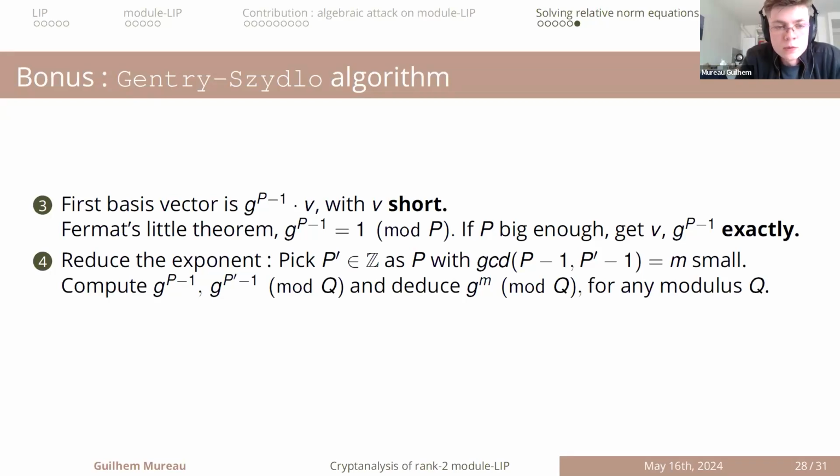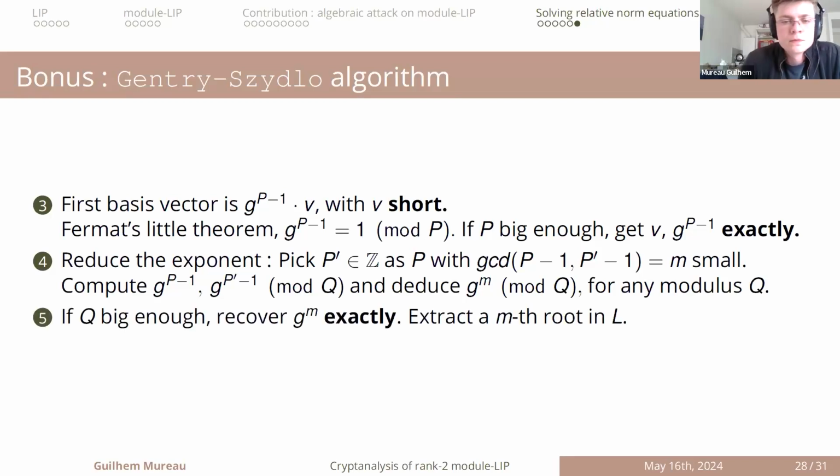In the same way, you will be able to compute g to the p'-1 mod q for any q. And using a Bezout relation, you will get g to the m mod q for any q. So if q is big enough, you will get g to the m exactly. And since m is not too big, you are able to extract the m-th root. And so you get g up to a root of unity.